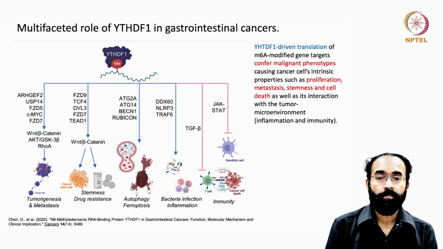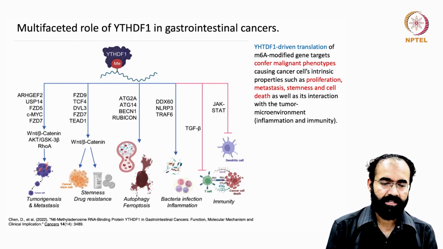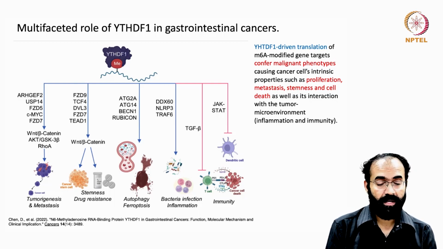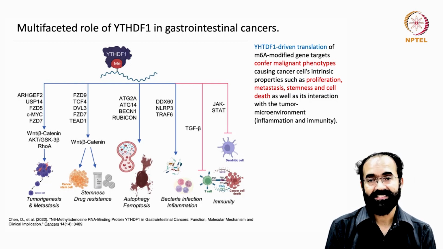So a lot of proteins in this mRNA come in this category. Like you can see AR, HGEF2 and USP14, FZD5, CMYC, FZD7, and so on and so forth. Many of them are components of the Wnt beta-catenin signaling pathway, and eventually you will see accelerated Wnt beta-catenin, AKT, GSK3 beta, Rho-A pathways, and it will lead to tumorigenesis and metastasis.